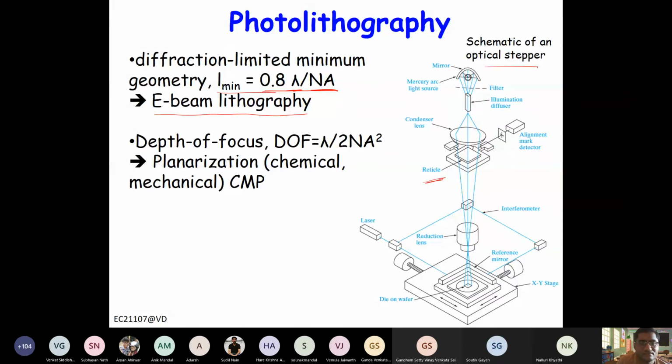So this is the resolution which is controlled by the diffraction limit, and another is the depth of focus, right? So how deep it is focusing. That is related to wavelength by 2 NA squared, where NA is the numerical aperture.